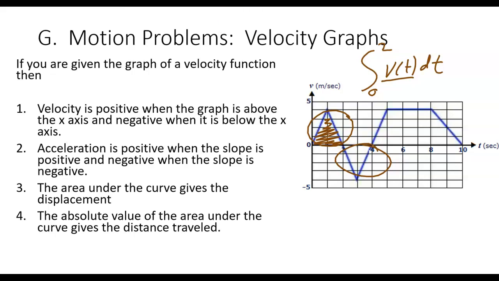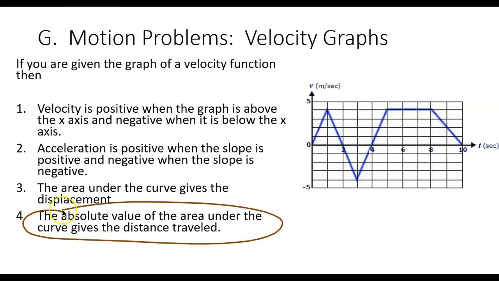Now, if you ever wanted to find the total distance of your object, then you do the same thing, find the area under the curve, but this time you just take the absolute value of it. So if you wanted to figure out how far this particle traveled, you would be doing the integral of the absolute value of velocity from the very beginning of the story to the end of the story. And what that means on this graph is just all these areas added up.